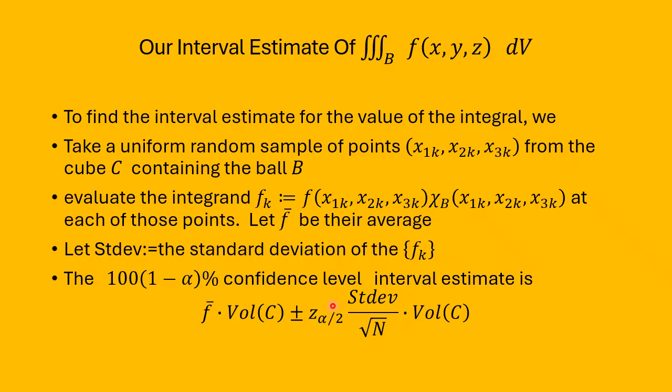If you want to, we could factor out this common factor of the volume of the cube. So we just calculate this, and we have our interval estimate. If we're looking for a 95% confidence level, the value of this critical z-value will be 1.96.